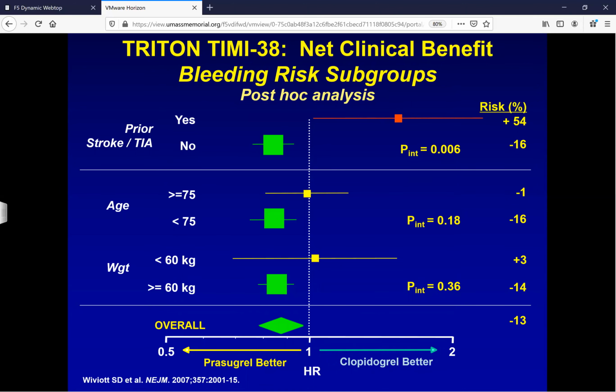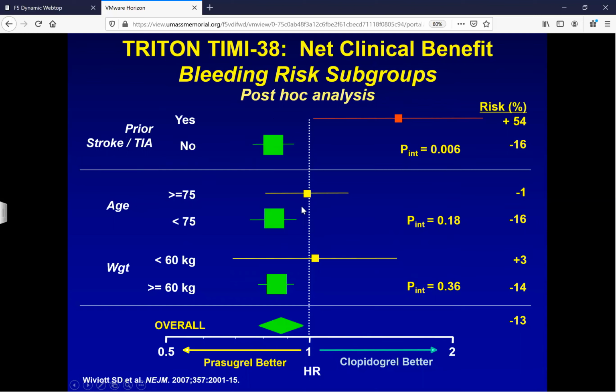Now for Prasugrel, the only one trial that you need to remember, although there's a newer trial that I will mention later, is TRITON-TIMI 38 or TIMI 38. And this was the trial on the basis of which people started doing this. You can see this here, not to give in the patients who have prior stroke or TIA.